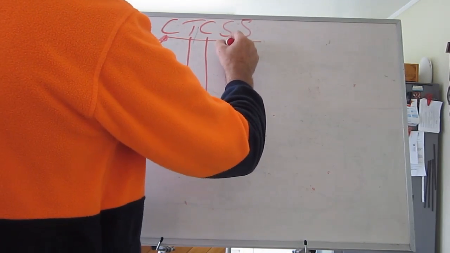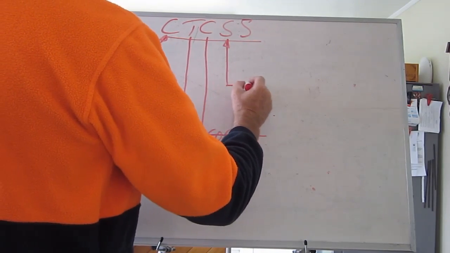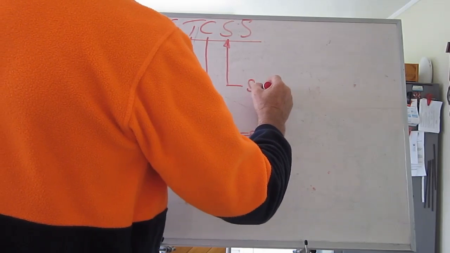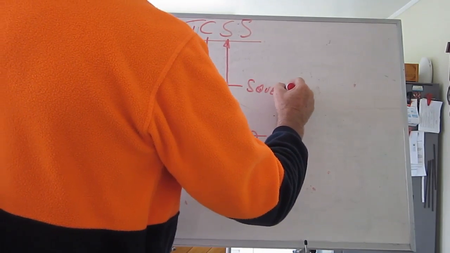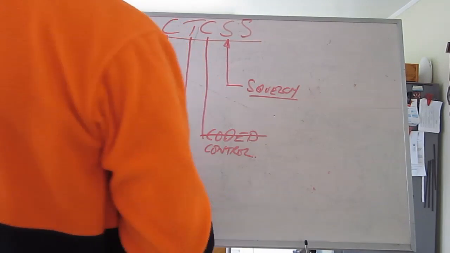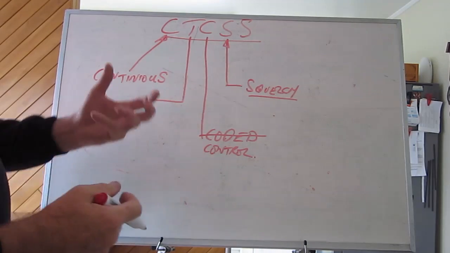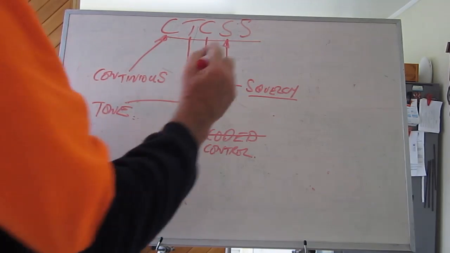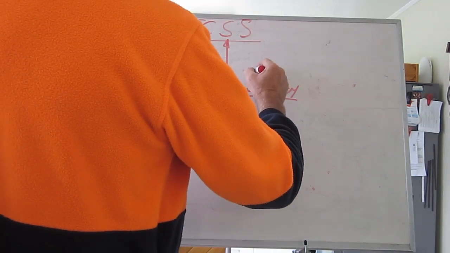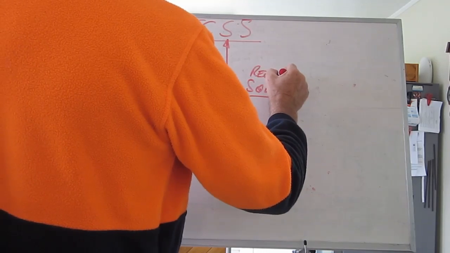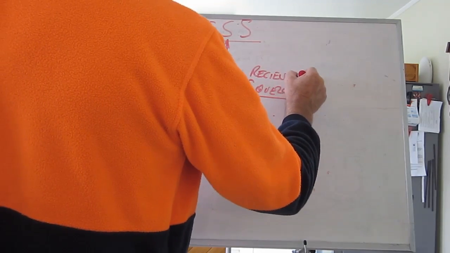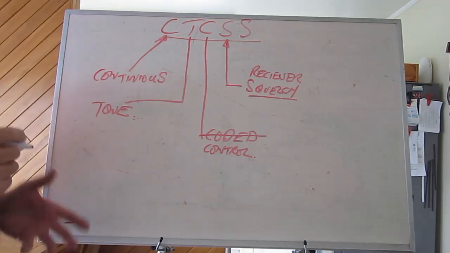This one here is the most important one in the description, squelch. In actual fact, I'm going to change this a little bit too. I'm going to add the word receiver in here. It's very important.